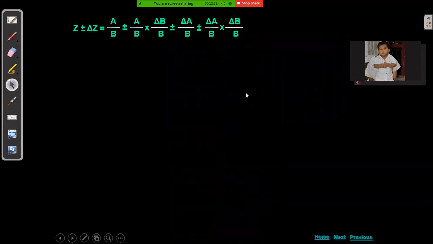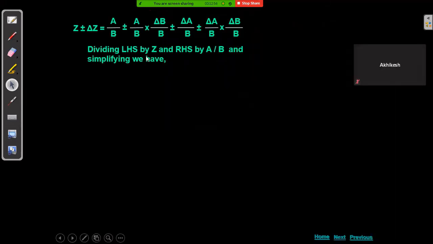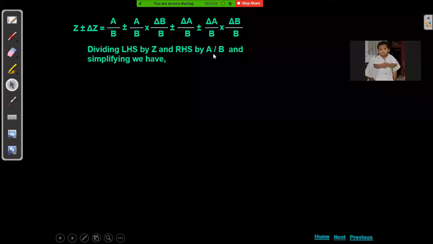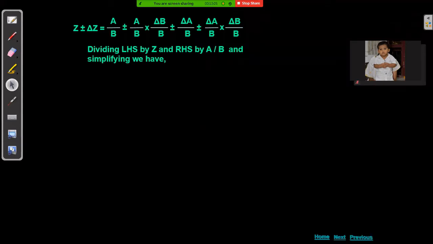Next, we divide the LHS by Z and the RHS by A by B. I'll write it over here so that you have clarity. Till this step, no difficulties. From the next step onwards I need to write, because direct steps will follow. Just give me a second.